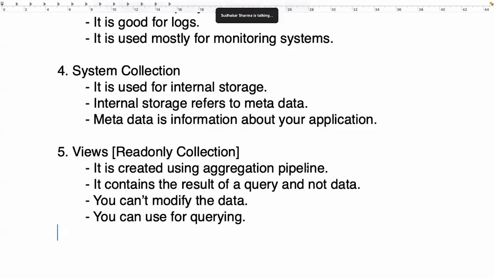Right. So in MongoDB, you can store data. Data is in a database. In the database, it is present inside a collection. And the collection can be of several types. We have a regular collection where you can store normal data, anything you can store, you can insert, you can update.